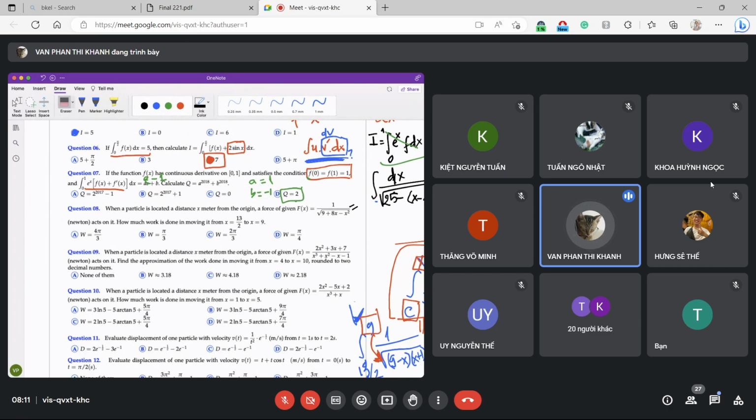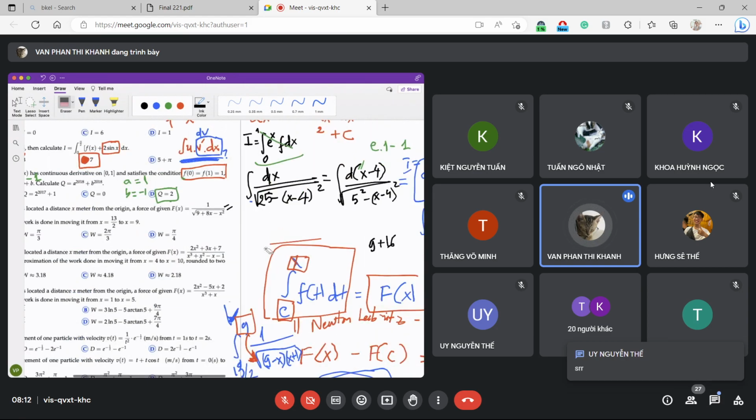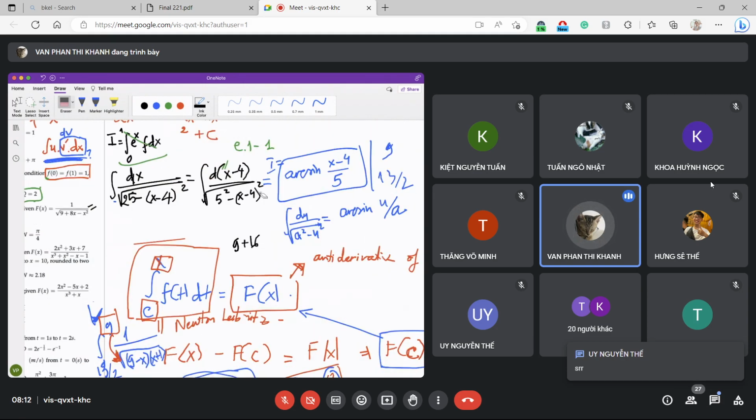Pi over 3 or 4 pi over 3? Yeah, but why at the beginning did you tell me it was 4 pi over 3? So I asked you again. In this case I evaluated the answer and you see that it's pi over 3.